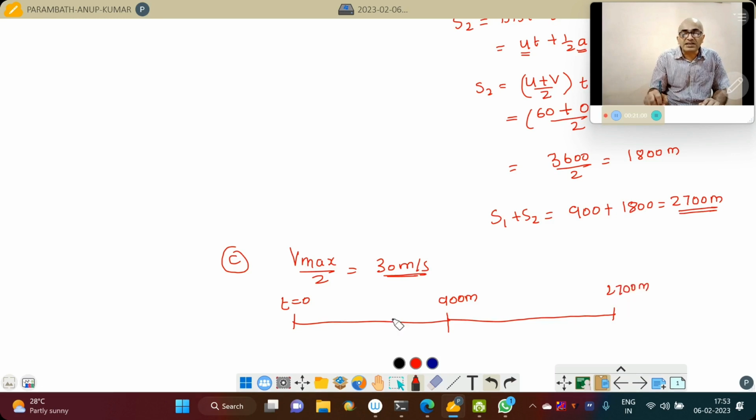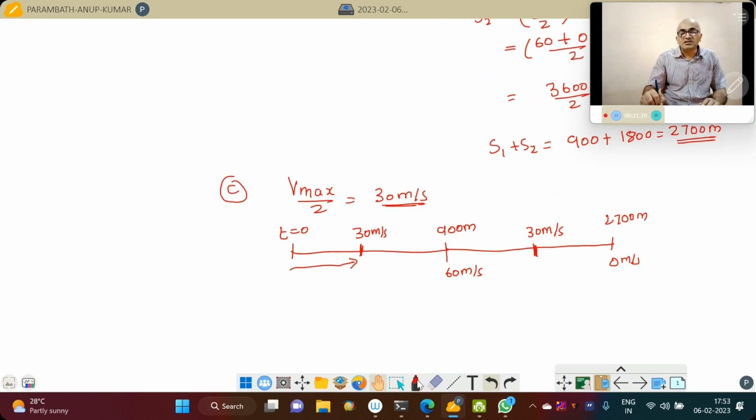At this point the speed is 60 meters per second. He is asking somewhere here there is 30 meters per second. What is this distance? And somewhere here also, as the speed is reducing, finally it is 0 meters per second. Here also somewhere it is 30 meters per second. So he is asking what is this position also, students. This distance also is asked.